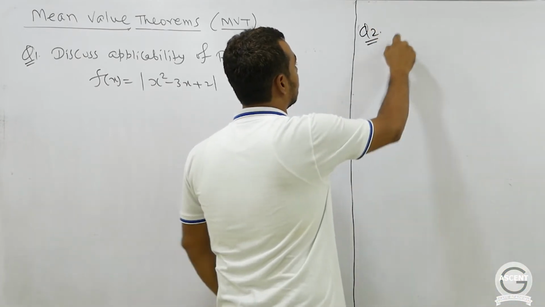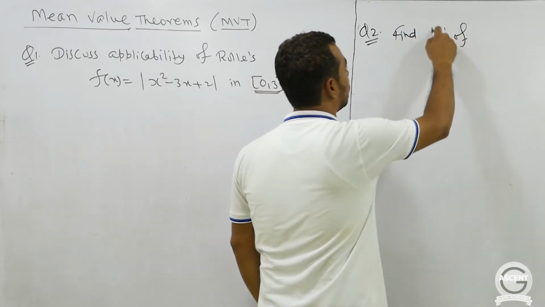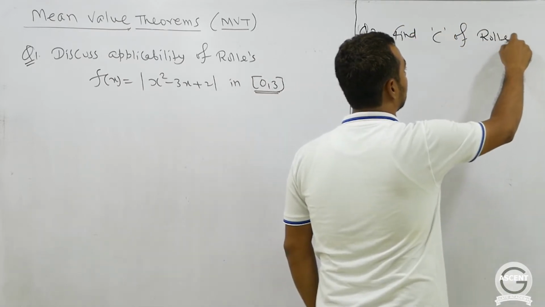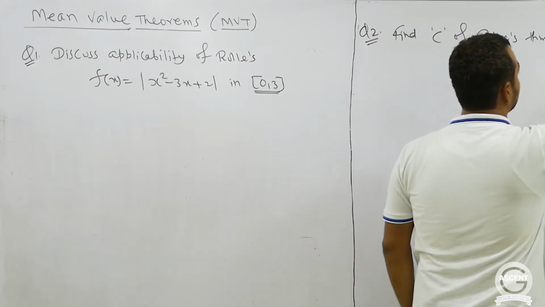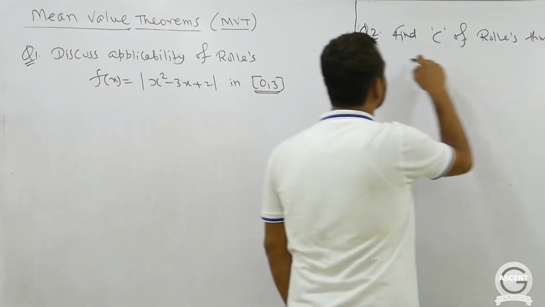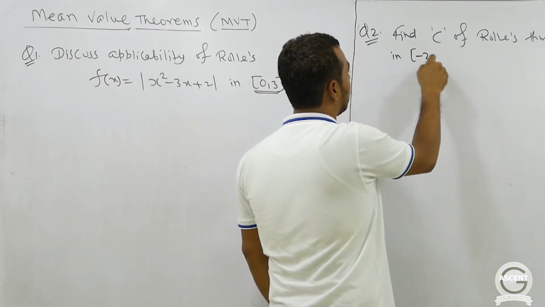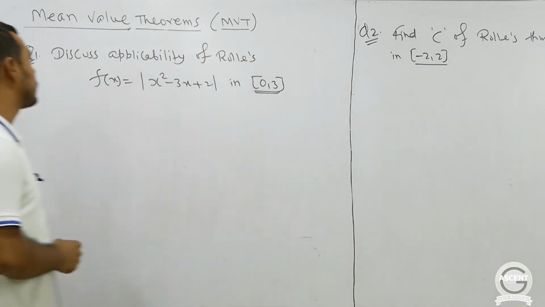So find c, this will be our second problem. Find c of Rolle's theorem for f(x) equals x cube minus 4x in the interval minus 2 to plus 2. Okay, so these two problems we are going to see.